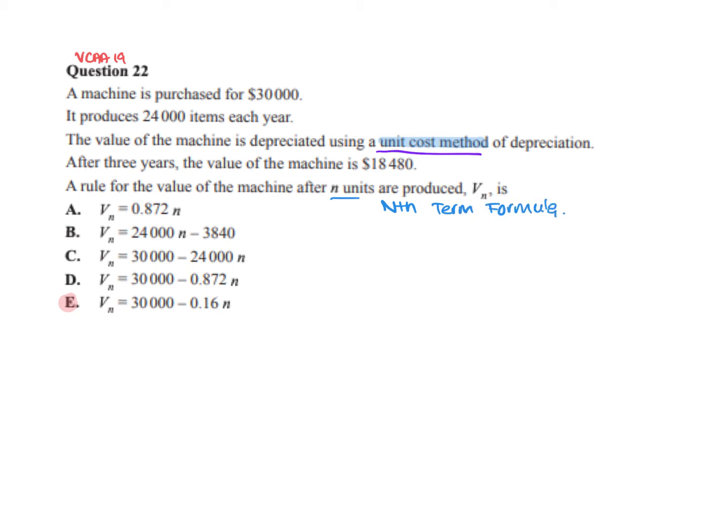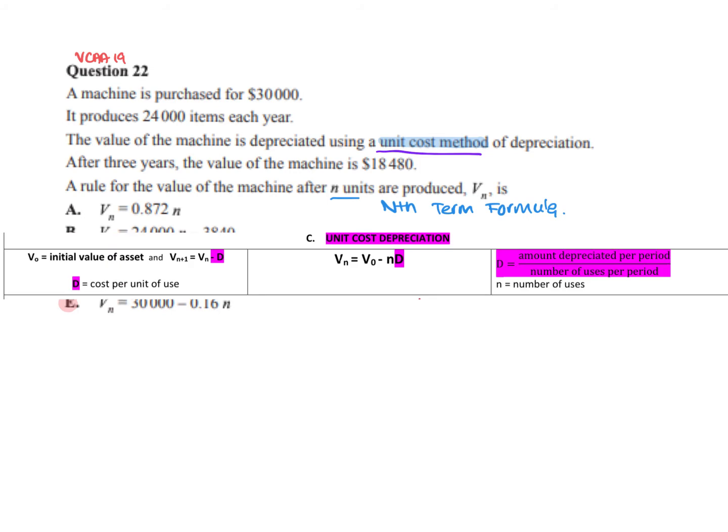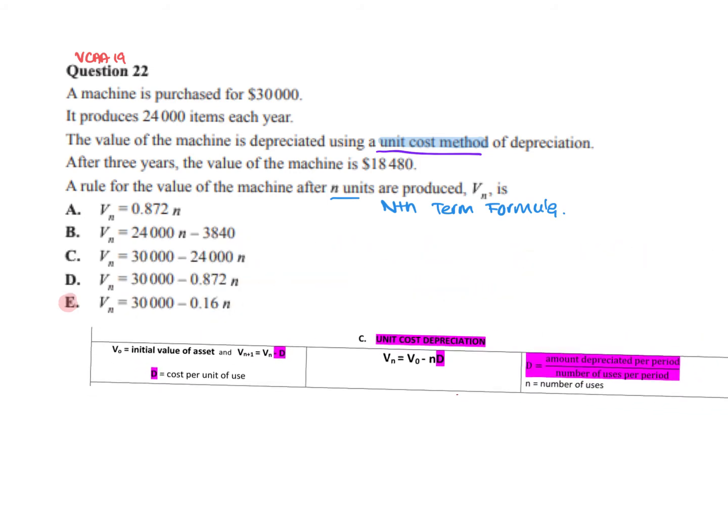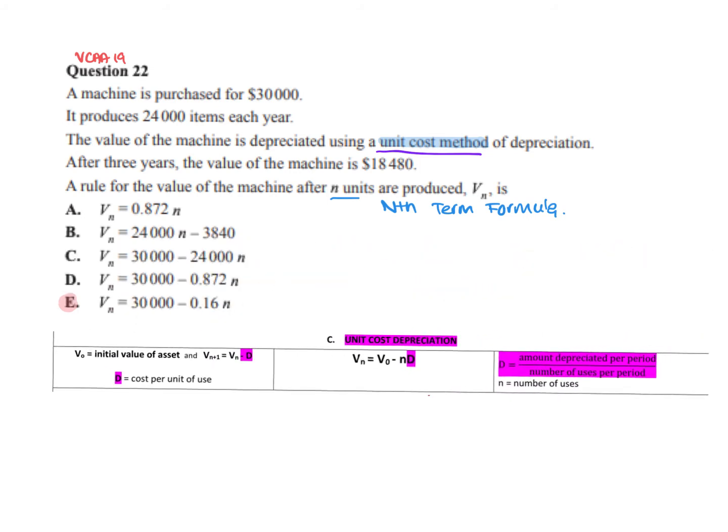So what I'm going to show you is you're going to go into your sheet. Now we want, this was unit cost depreciation. So can you see we've got unit cost there. This is what I'm looking at. So I'm just going to drop it in here for you. All right. So here, unit cost method, matched it up.